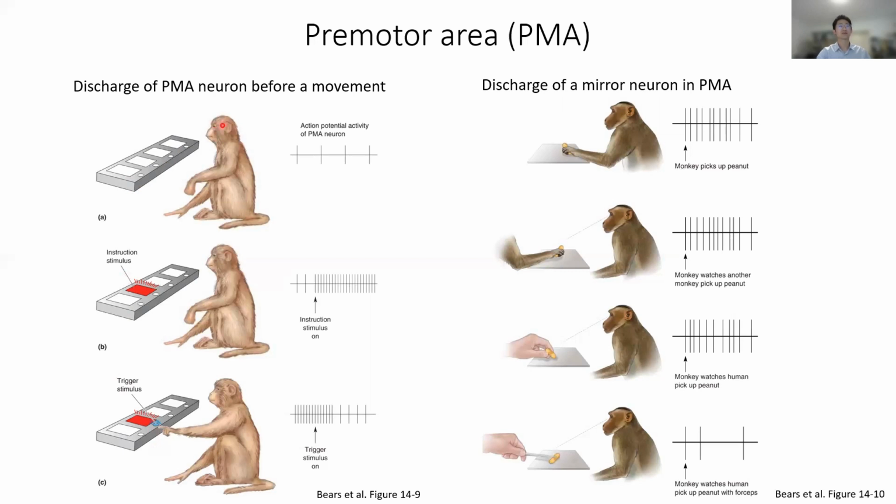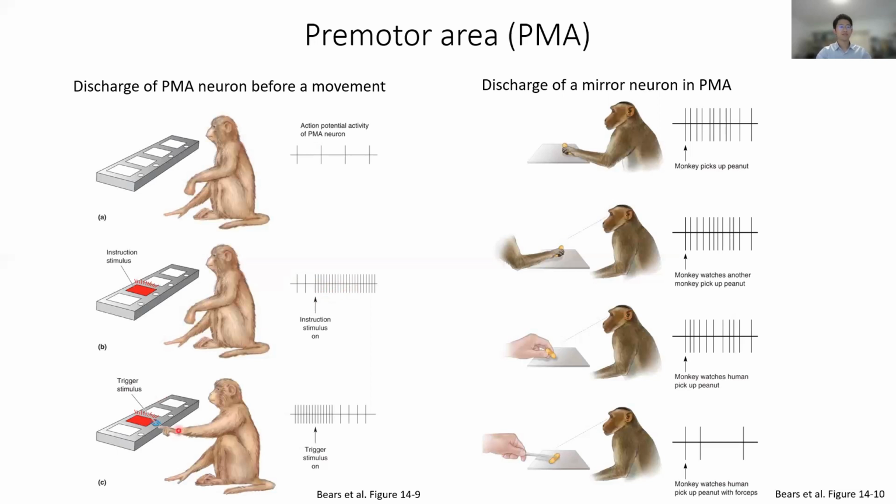So what is recorded is a neuron in the premotor area in this monkey. We see the action potential is very small when the monkey is doing nothing. It's a kind of resting activity. But once the stimulus is on, the light is on, the monkey is not moving yet, but he knows that he has to move now. And then we see this neuron in the premotor area becomes active. So this is before the moving, but the monkey knows that he's going to move.